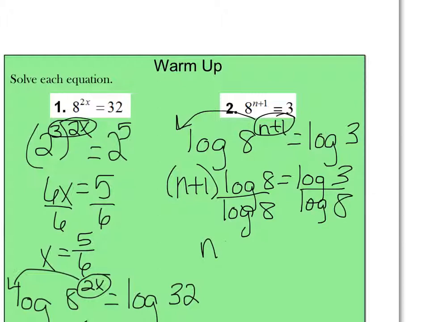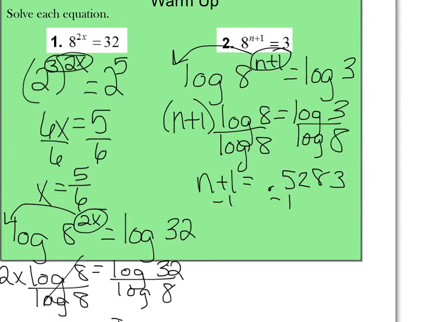So I have n plus 1 equals, and log 3 divided by log 8 is 0.5283. Again, just keep it in your calculator and then go minus 1. And we'll round it to the nearest 10 thousandths.